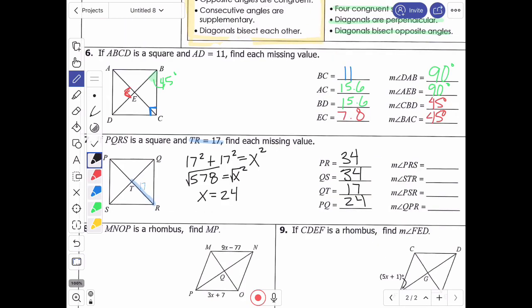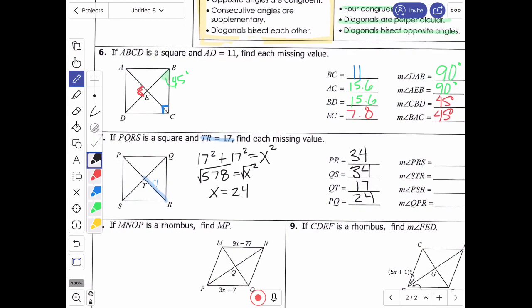Okay, so here I got my sides already. PR and QS are the diagonals. I was only told what half of the diagonal was, so I had to take 17 times 2 to get the full length of PR and QS. QT was just half of the diagonal again, so that's 17, just like TR.